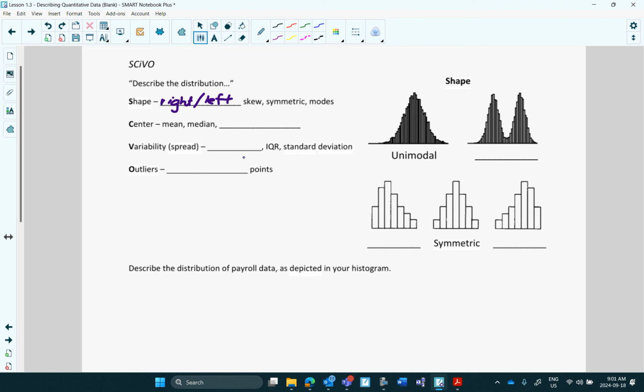This, for example, would be bimodal, 2 peaks. So often you will see that added when you describe the shape of the distribution. You'll say, oh, it's skewed to the right with a single peak.